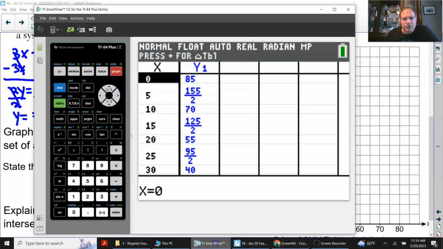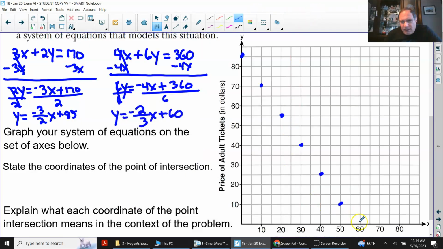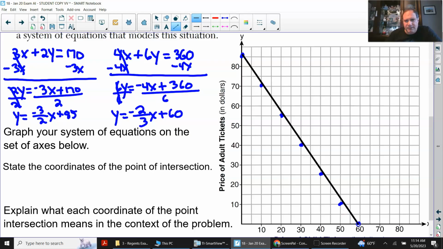So at 60, I just want to make sure what 60 is. 60 is -5. So we're at 60 right here. So I'm just going to put it right directly above, like before that. And I'm going to just connect the points that way. So almost at 60, but not quite.